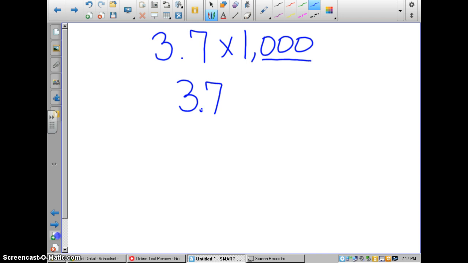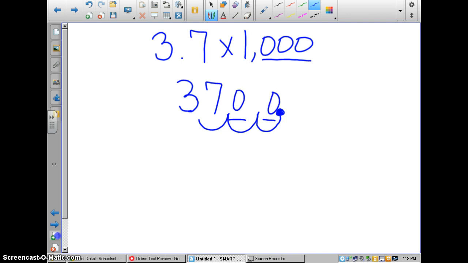I'm going to take this decimal here and I'm going to move it to the right 3 places. 1, 2, 3. There's my decimal. And I'm going to erase it from its original position. My decimal is now here, okay? I have to fill in these empty spaces with, what do you think? Zeros.